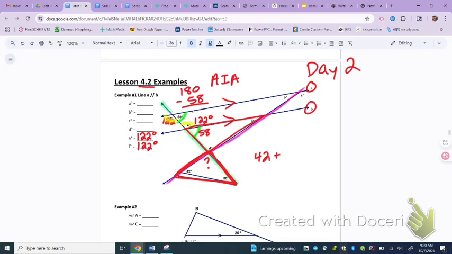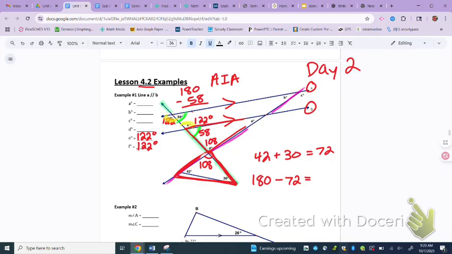So I'm going to add up the two angles I know. Remember, the angles in a triangle add up to 180. So we'll get angle D is 108. Because these two are vertical to each other, we can't forget the vertical relationship also.